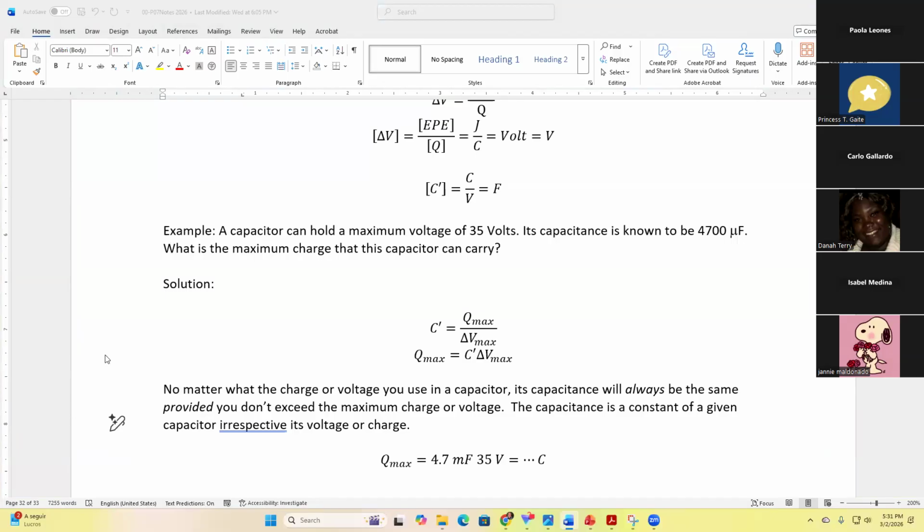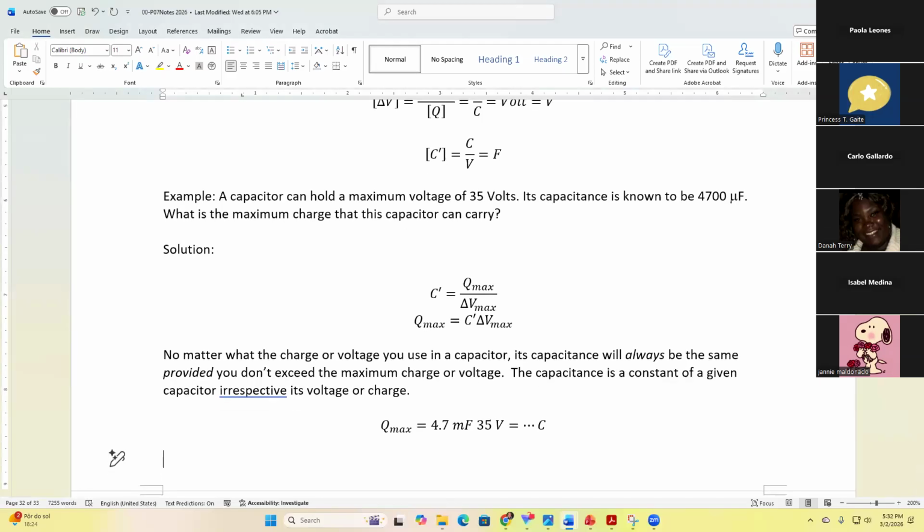And now we are going to obtain the capacitance of a parallel plate capacitor in terms of generic variables.